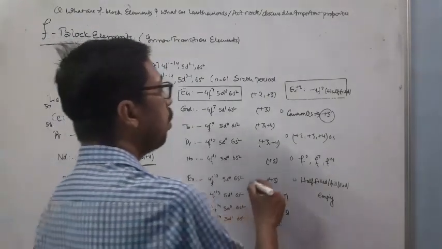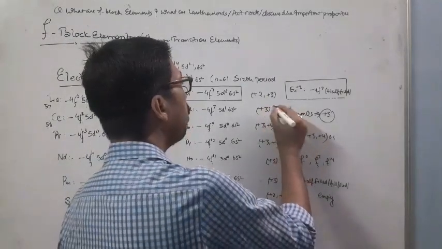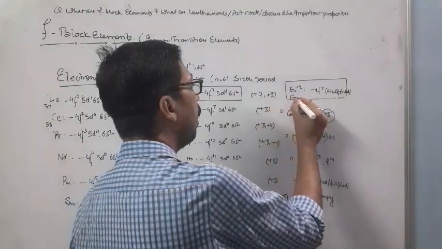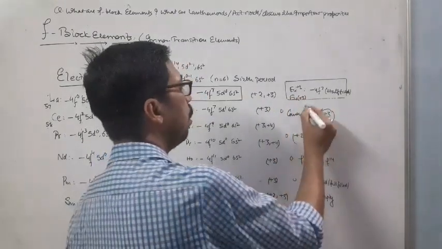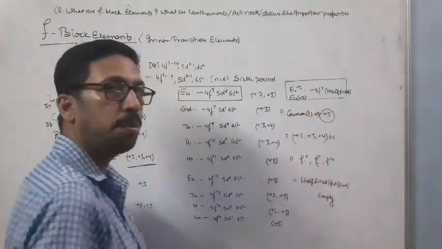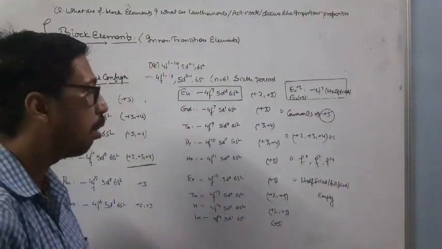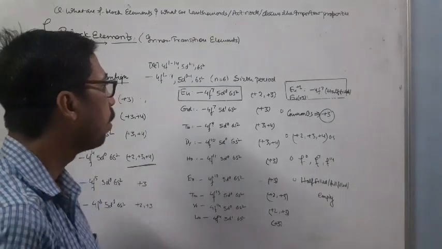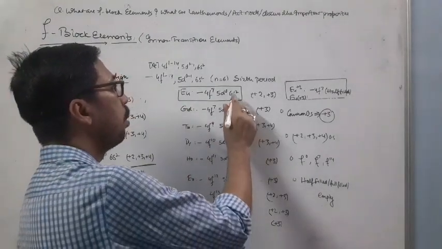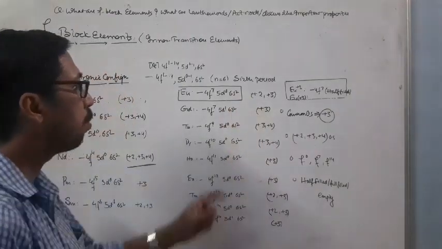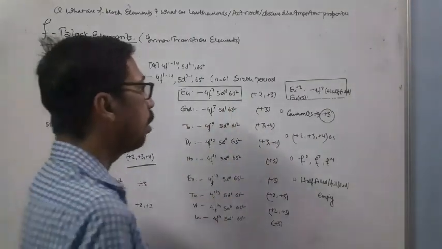Now, if we want to see another oxidation state, plus 3, you can write it like this also. Plus 3 means there will be removal of 3 electrons from europium, 2 from the 6s orbital and 1 from the 4f orbital.